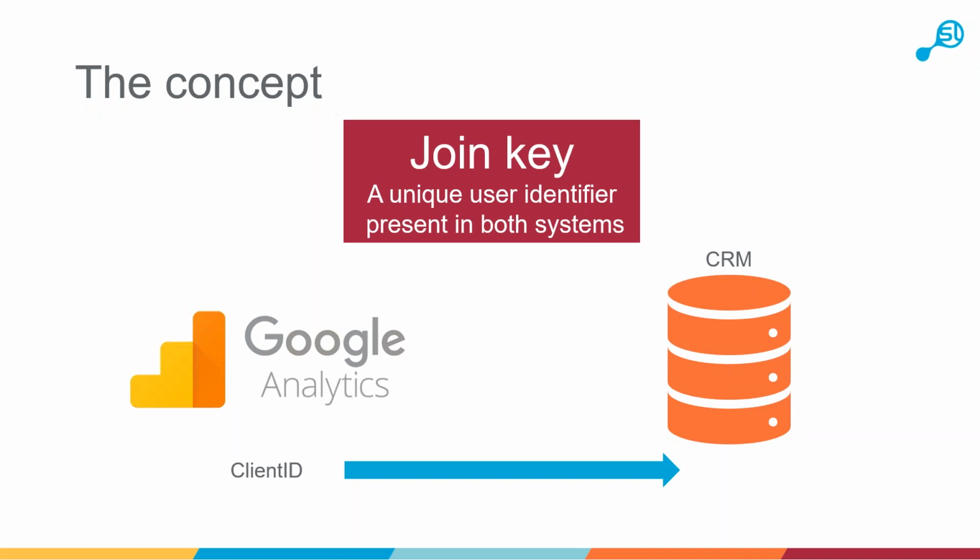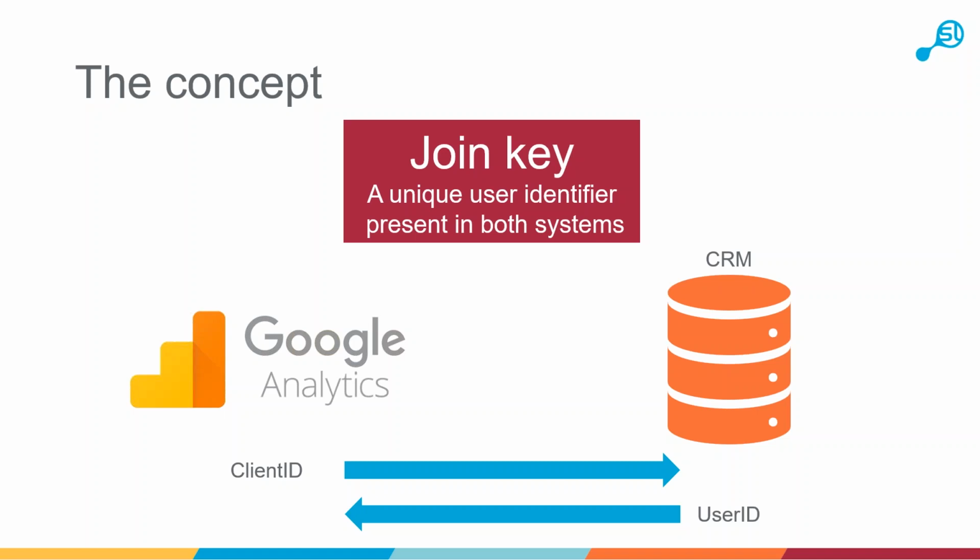I'm going to talk a little bit more in detail around each of these in a moment. What we would do is push the Google Analytics client ID into your CRM system, so we have that present in both of those data sources. The other option is using your unique user ID or customer number, customer reference, and then putting that into Google Analytics.